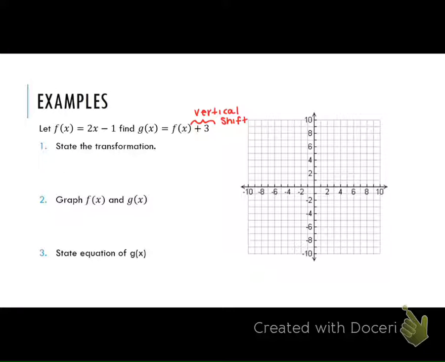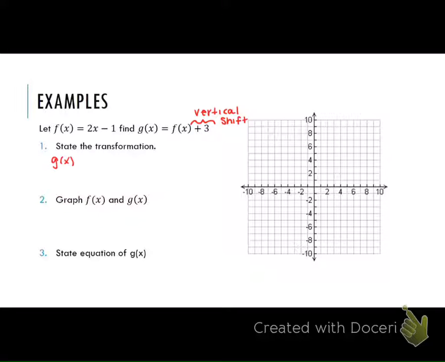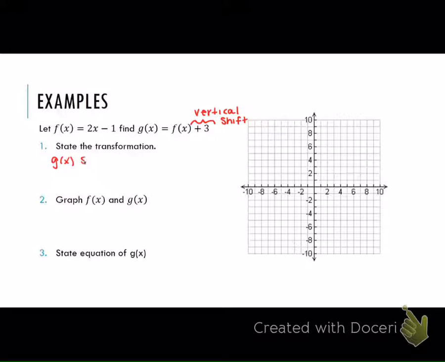So what is the transformation then? What does adding 3 mean if it's a vertical shift? It will go up 3. So g of x shifts or translates up 3 from f of x.